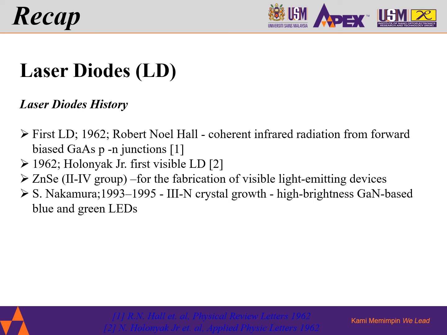In 1962, the same year, Holonyak Jr. demonstrated the first visible laser diodes, followed with zinc selenide II-VI group used for the fabrication of visible light emitting devices. III-nitride crystal growth, high brightness GaN-based blue LEDs and green LEDs was introduced by Shuji Nakamura from 1993 to 1995.